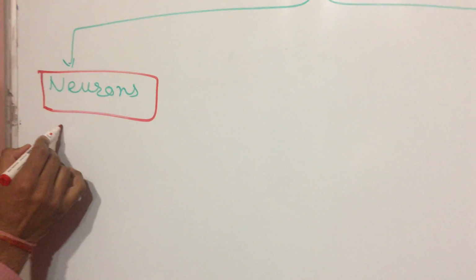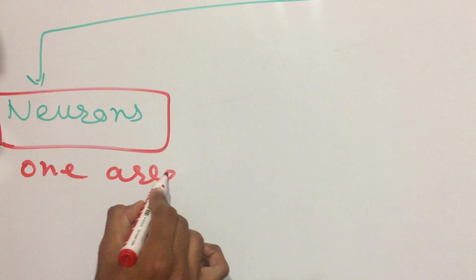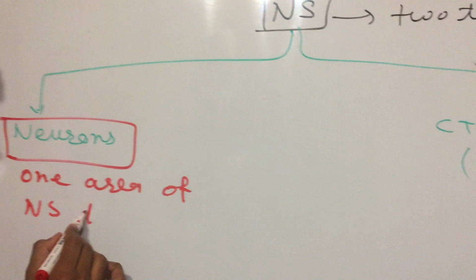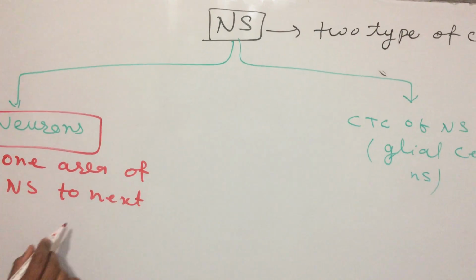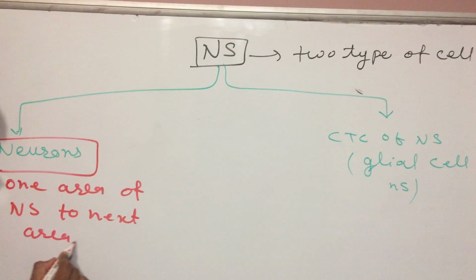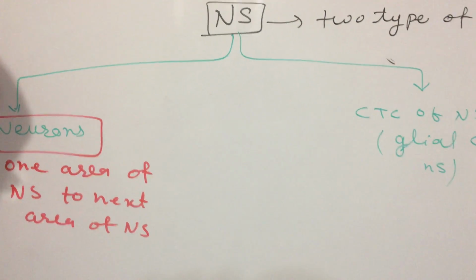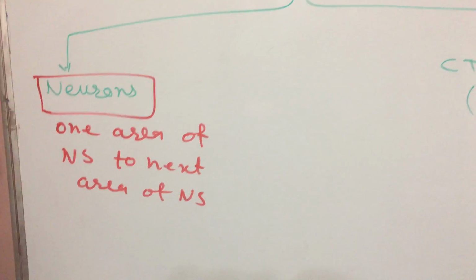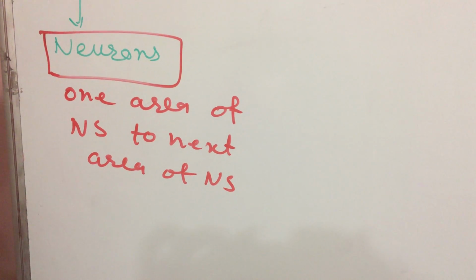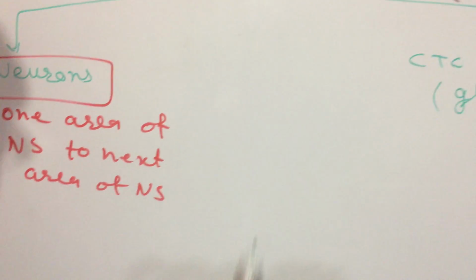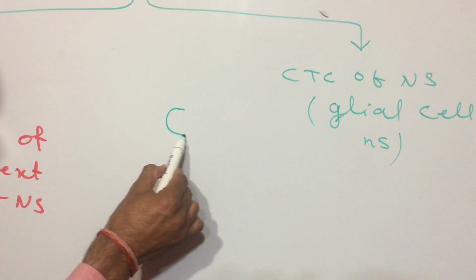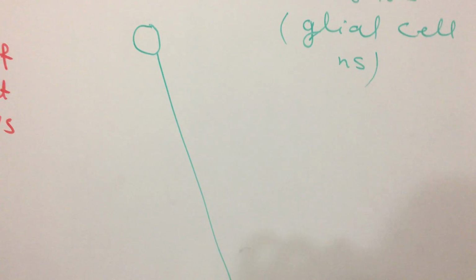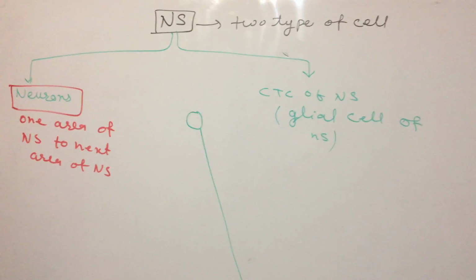A neuron carries information from one area of the nervous system to the next area of the nervous system. A simple definition of the neuron: a neuron has a head and one tail.